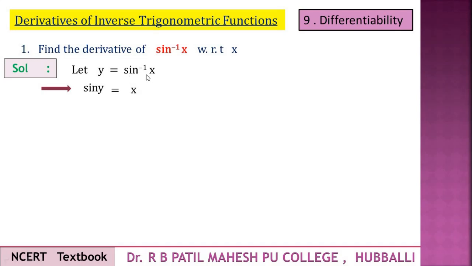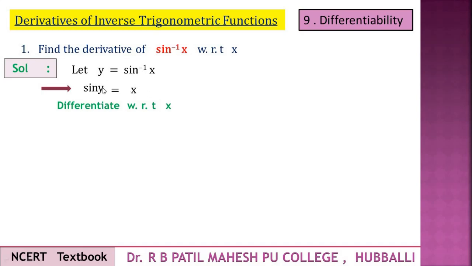I'm not shifting this entire term; I keep the variable on the right side as it is, x. Only I'm transferring sine inverse. So sine y is equal to x we get here. Now I differentiate this equation.